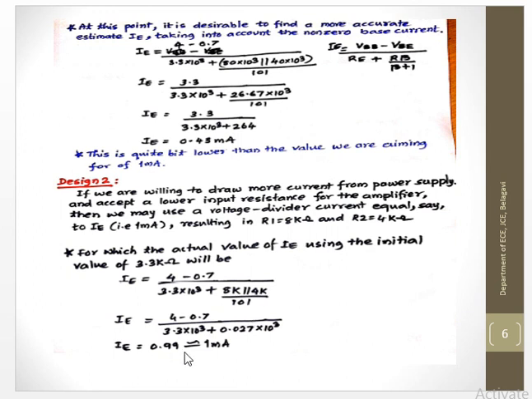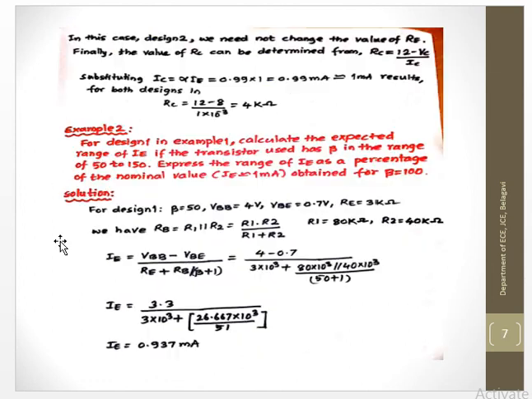If you substitute and calculate, you will get an IE value approximately equal to 0.99 milliampere, or 1 milliampere. So our requirement of getting IE of 1 milliampere is satisfied. In this case, design 2, we need to change the value of RE.